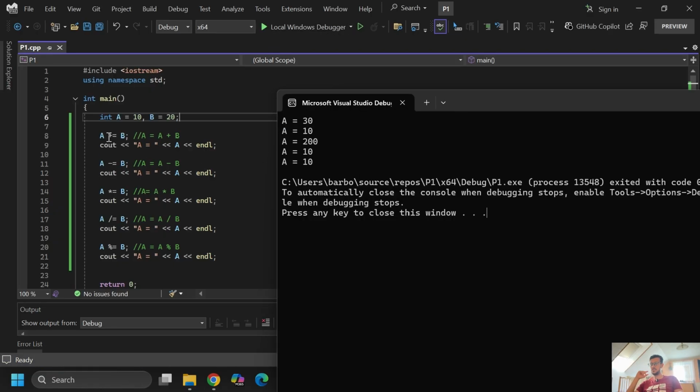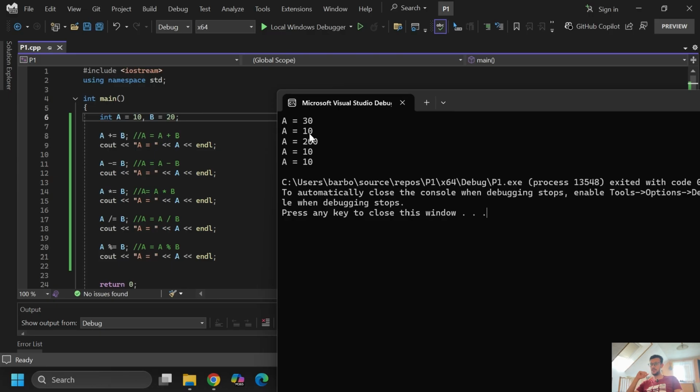Perfect. The first one, a plus equal b, which is exactly like a equal a plus b, gives us 30 as we said, because 10 plus 20 is 30. After that, it's stored inside a. So 30 minus 20 gives us 10. So the compiler's second result is 10.